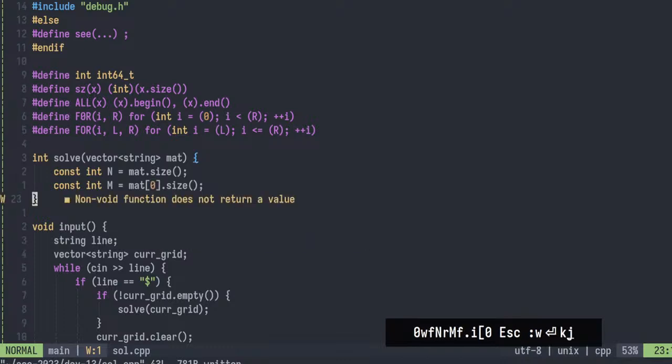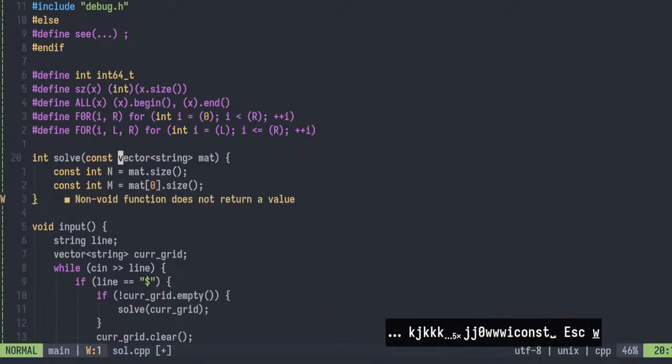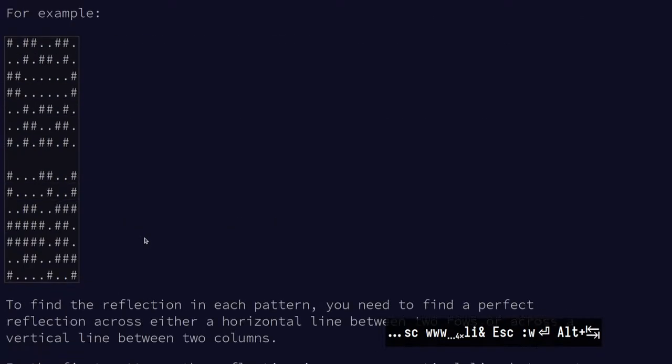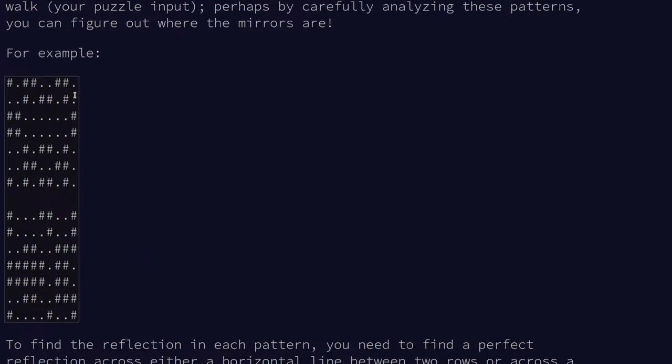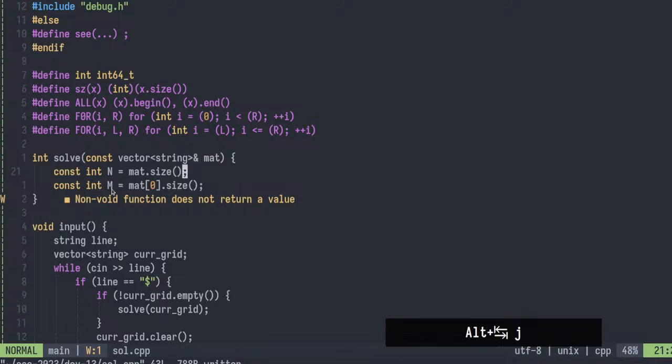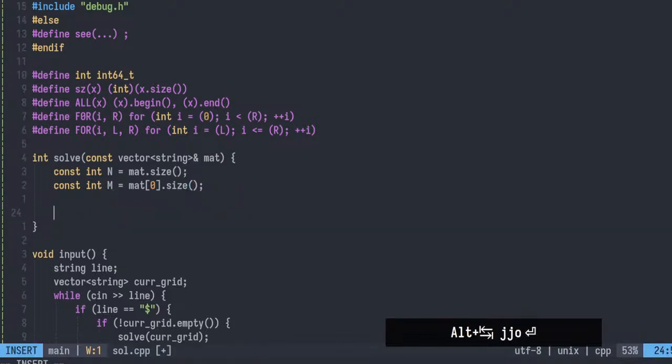Number of rows and columns. Let's take it as a const reference. I will go over the indices from 1 to n minus 1. Row from 1 to n minus 1.